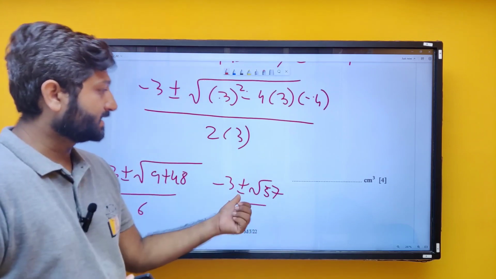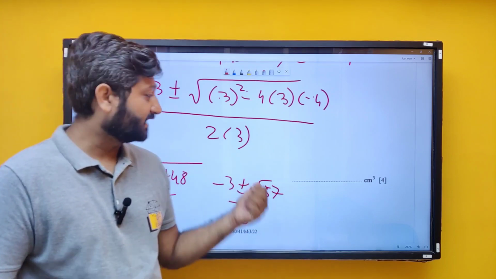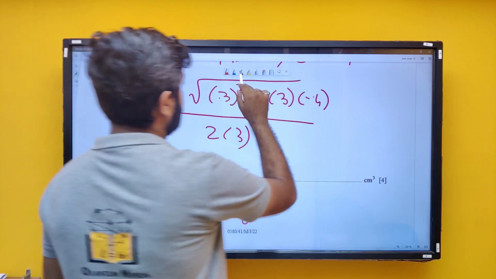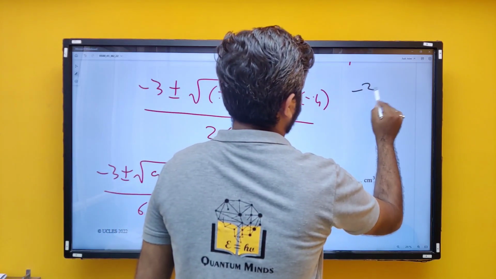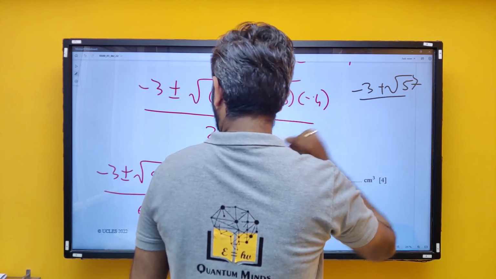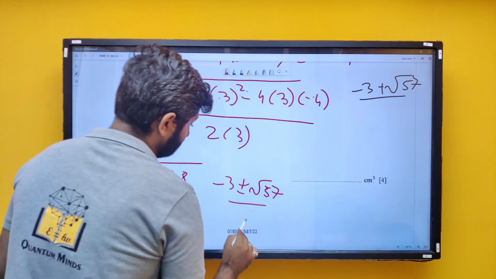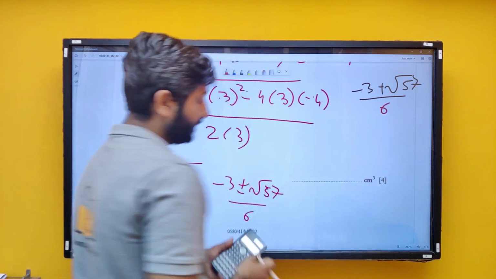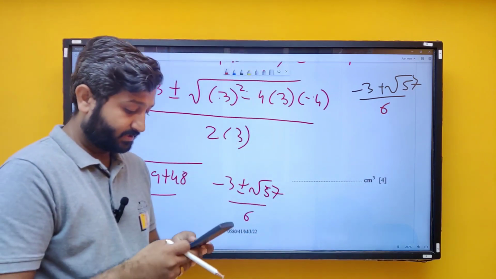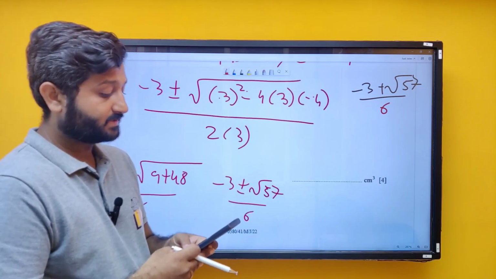See guys, if I take minus, the side will be negative, and we cannot have a negative side. So I have to take the final solution as minus 3 plus root 57 by 6.